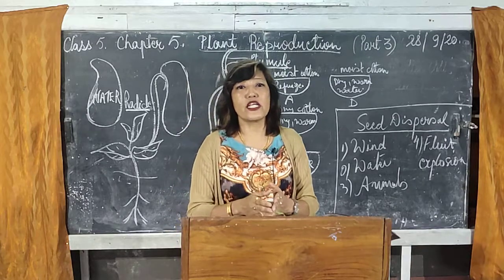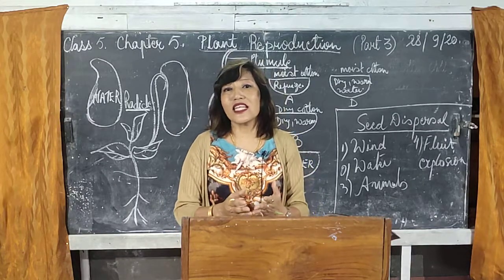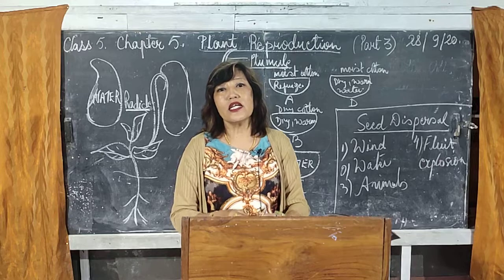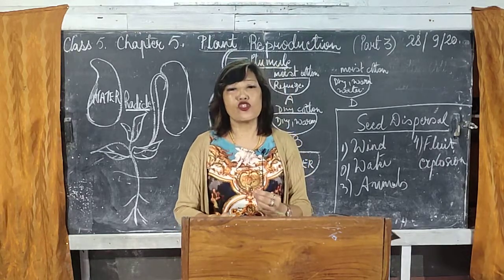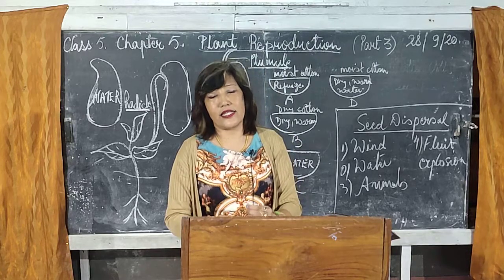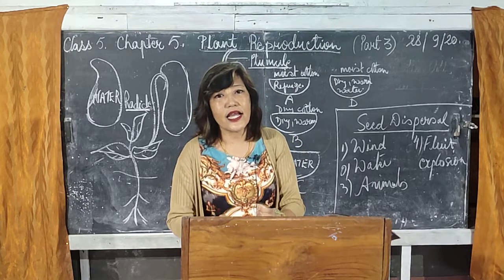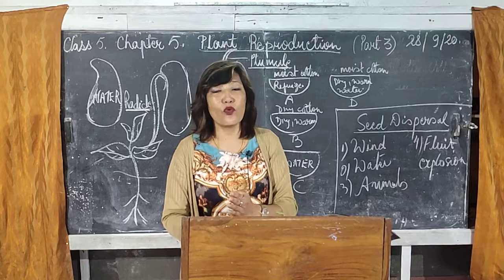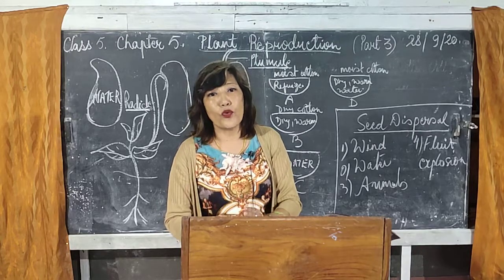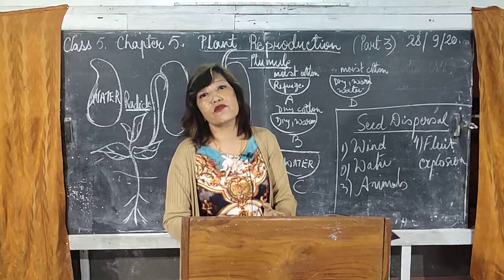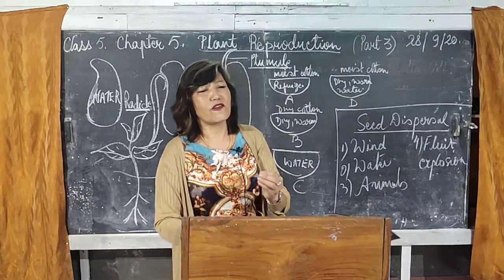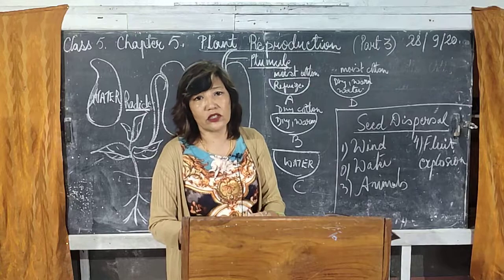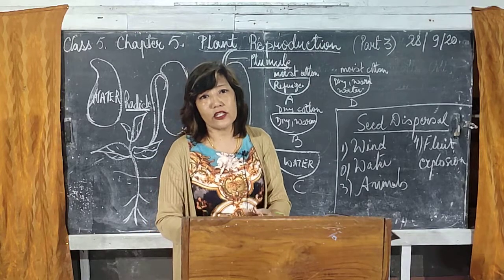Now, the first one is wind. What type of seed is dispersed by the wind? The seeds which are to be dispersed by the wind have to be small and light. Only the light and small seeds can be blown away by the wind. Examples of such seeds are the seeds of dandelion. It has fine hair-like structures which act like a parachute.